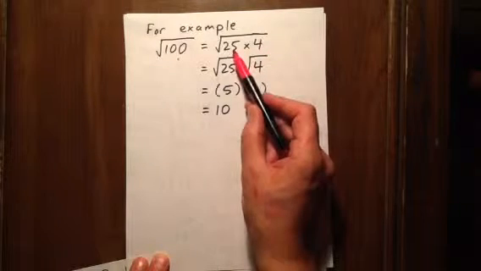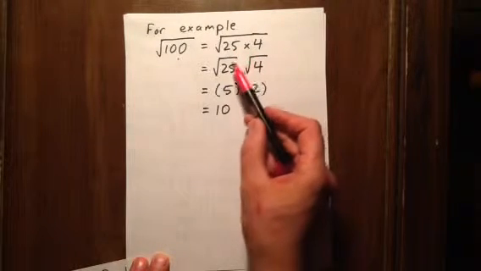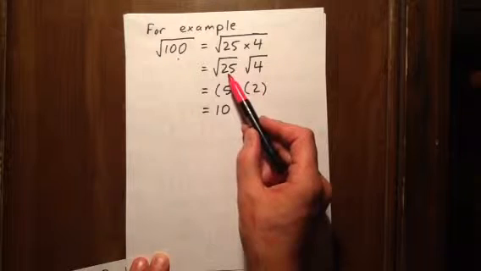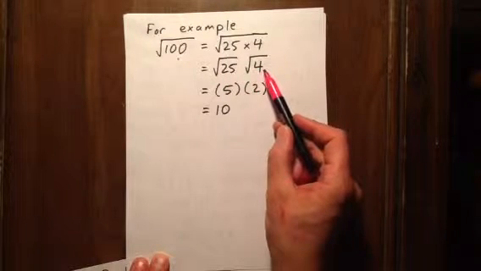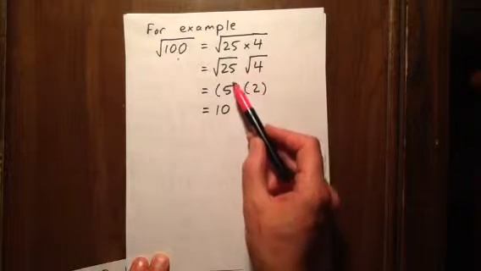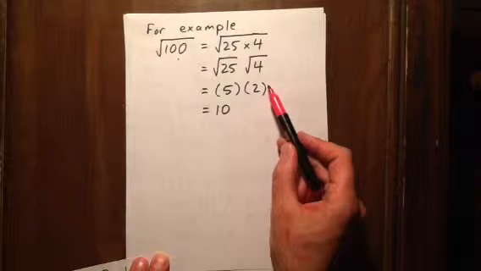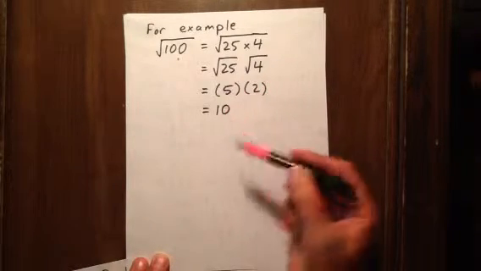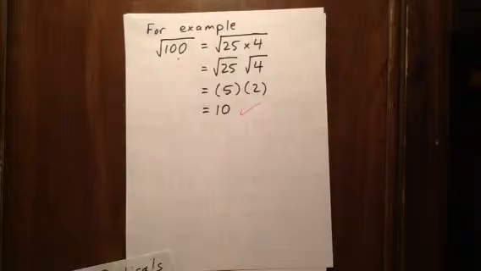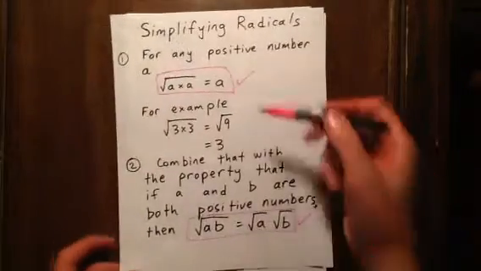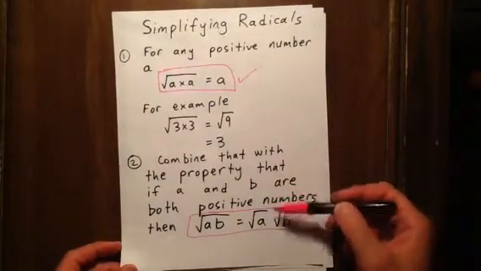Since these two are both positive numbers, we can break them apart like this: the square root of 25 times the square root of 4. The square root of 25 is 5, and the square root of 4 is 2, and 5 times 2 is 10. So we see that it actually works, and these two really important properties are true.